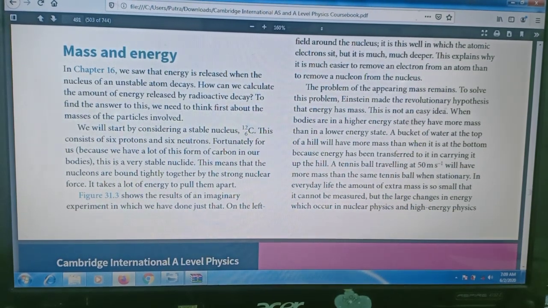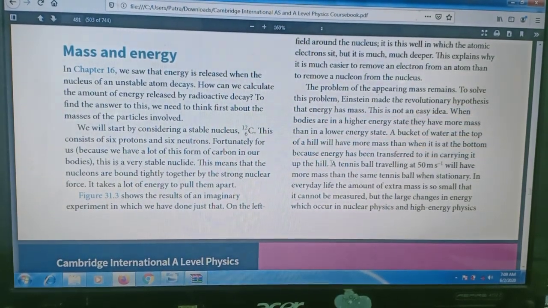You see here, when bodies are in higher energy state, they have more mass than in a lower energy state. A bucket of water at the top of a hill will have more mass than when it is at the bottom, because energy has been transferred to it in carrying it up the hill.